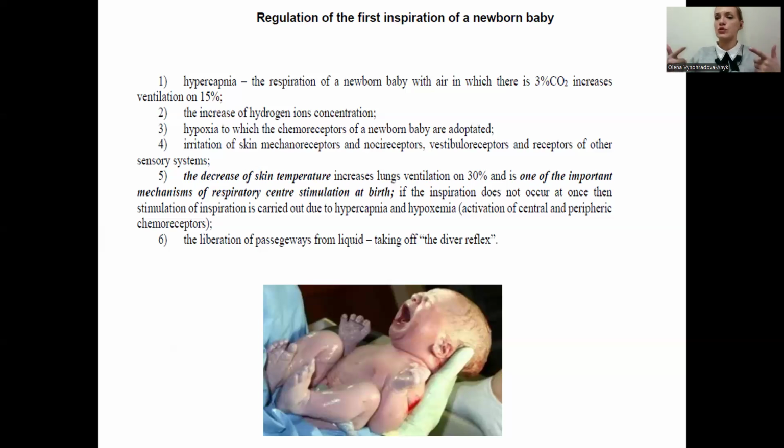And it's important for stimulation of first inspiration. Interesting that a decrease of skin temperature increases lung ventilation by 30%. This is one of the important mechanisms of respiratory center stimulation.